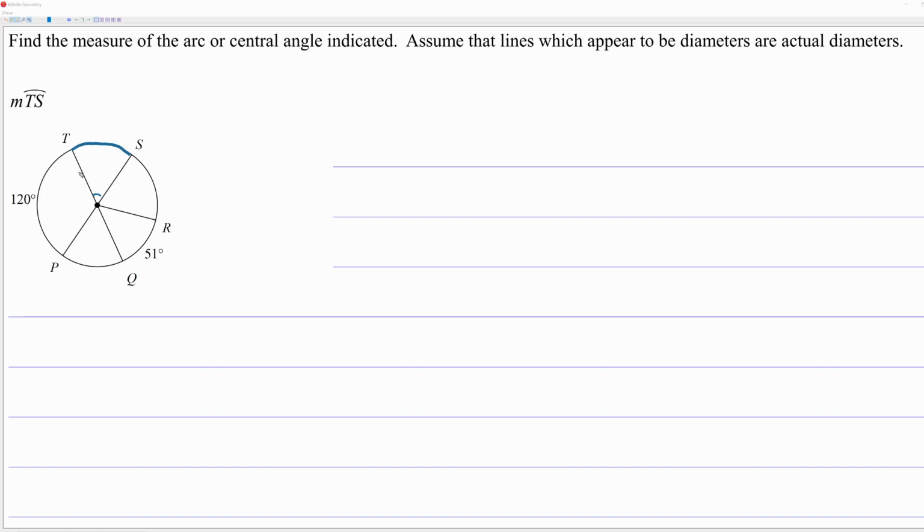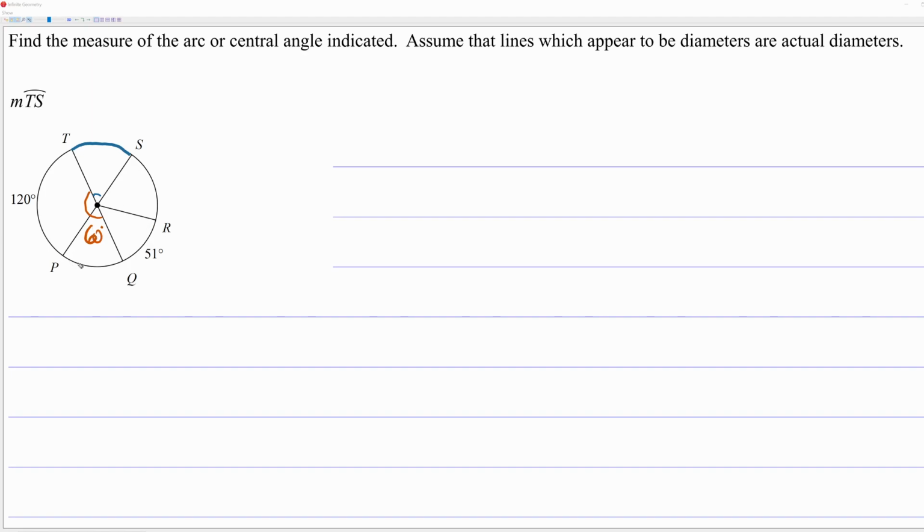Here's one way though. We have a diameter from T to Q, which means we have half of a circle, which makes 180 degrees. Well, from T to P, if that's 120, well, that means 60 degrees more make 180. And remember at the beginning of the video, I said there were 3 properties that would give you most of these problems. And one of those was that vertical angles are congruent.